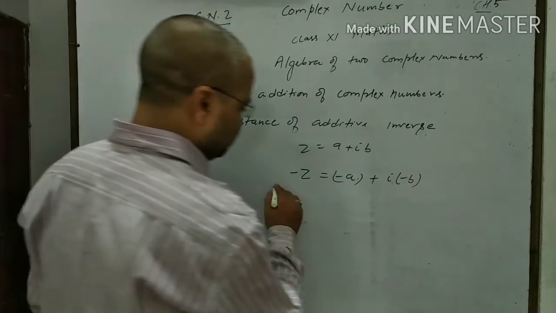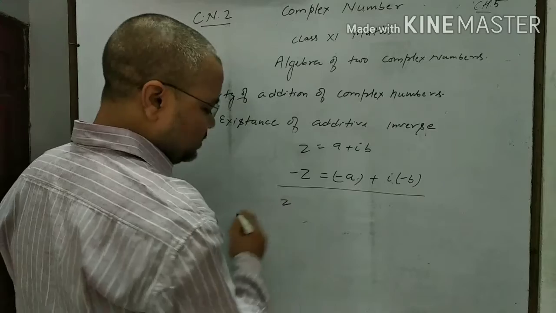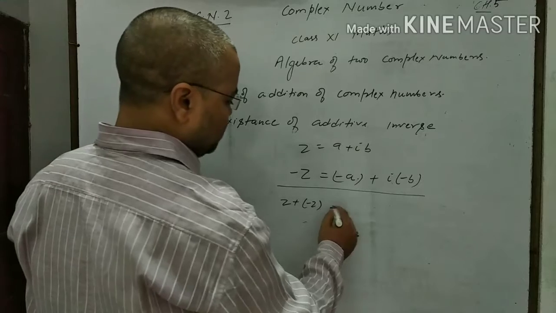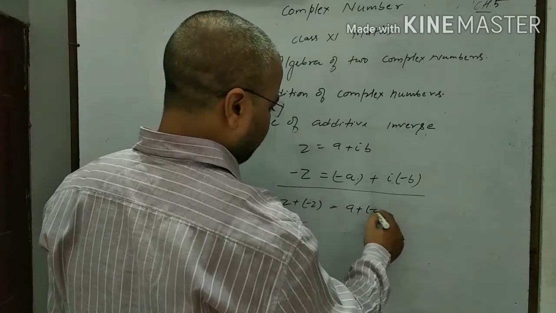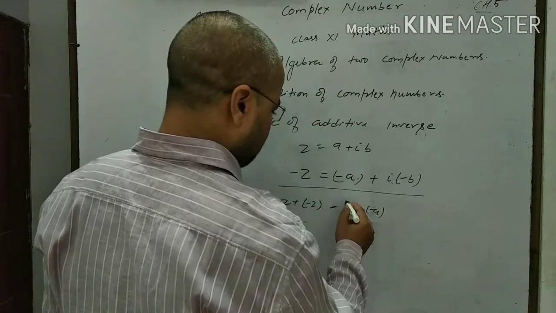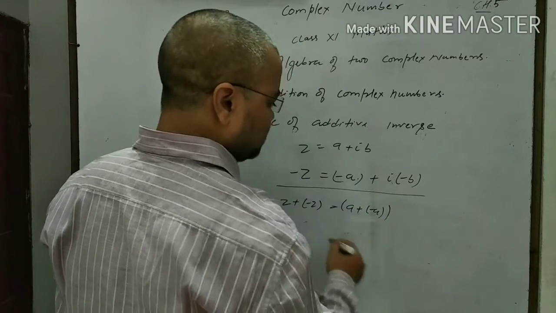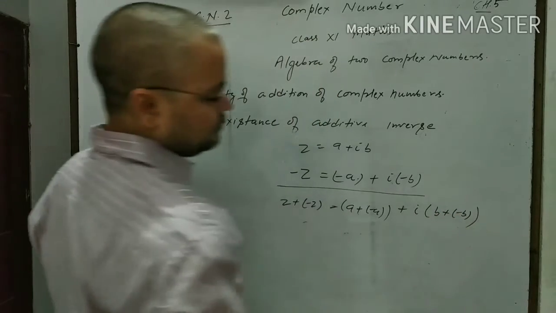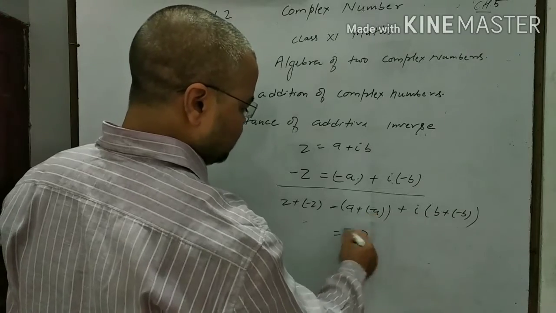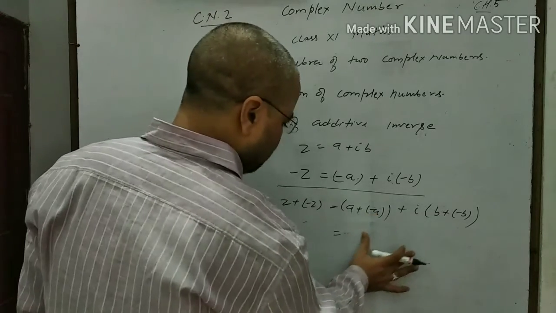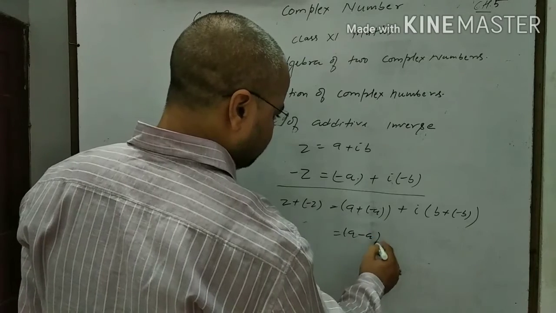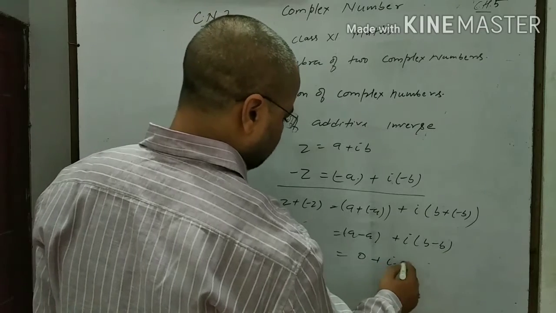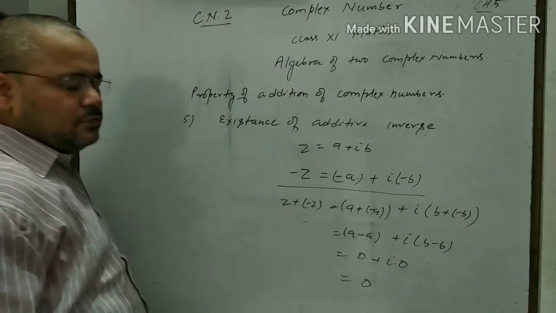Now if we add, then z plus minus z is equal to a plus minus a, plus i into b plus minus b, and it gives 0. Or one more step: a minus a plus i into b minus b, its value will be 0 plus i into 0, which is equal to 0.